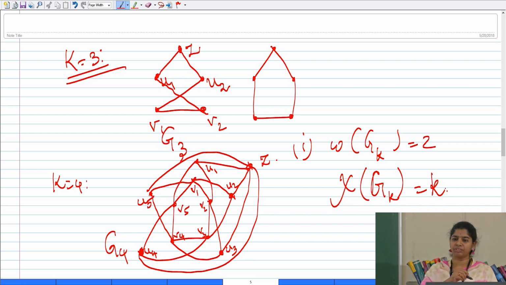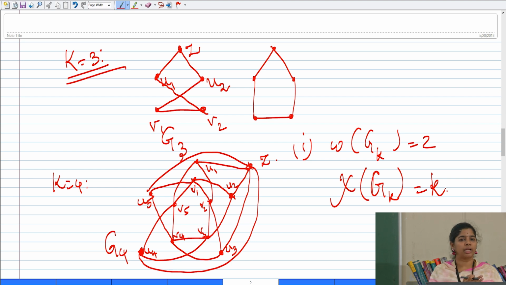What about a vertex from ui and a vertex from vj? Can they form a triangle? We have to look into all possibilities here. We know within the vi's there is no triangle, that is the given condition. Suppose there exists a triangle and z is not part of it, then it should come from ui's and vi's.